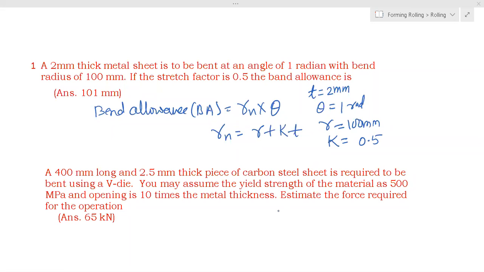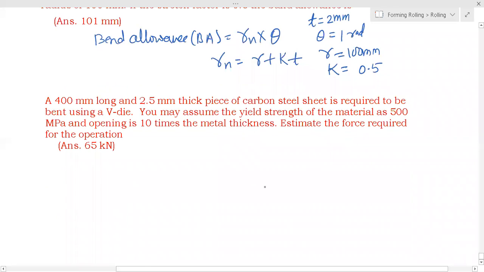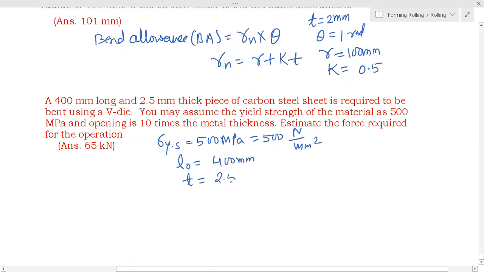So sigma ys is 500 megapascal, that we can also write 500 Newton per millimeter square. Length is 400 millimeter. Thickness is 2.5 mm.